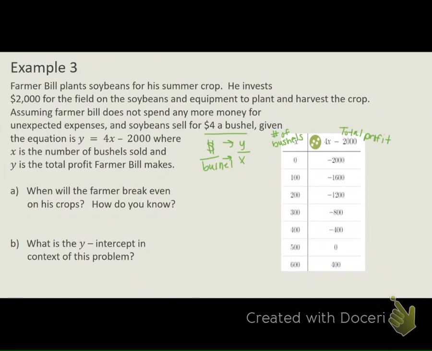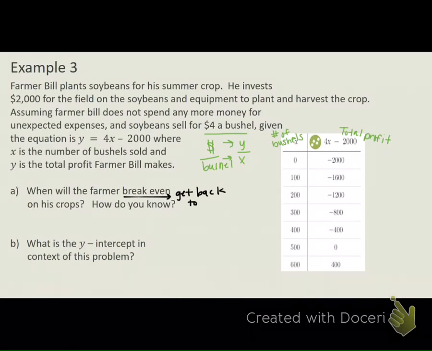So when will the farmer break even on his crops, and how do you know? So break even means get back to 0. So when will he break even? So 500, comma 0, right?